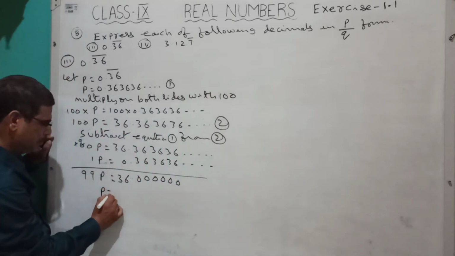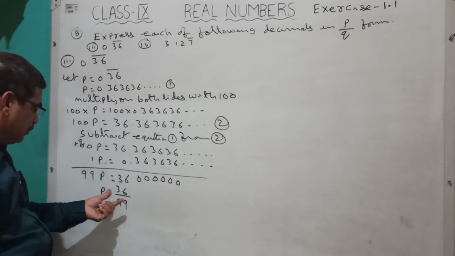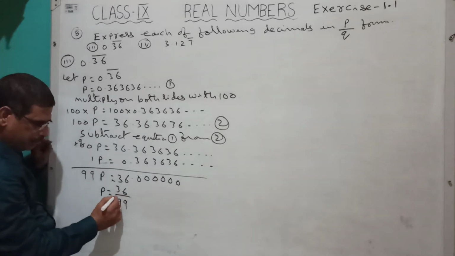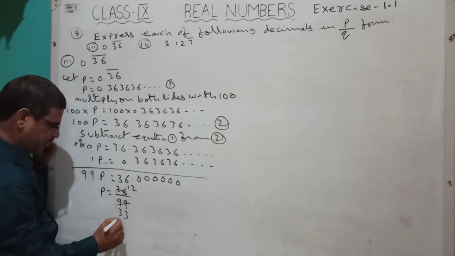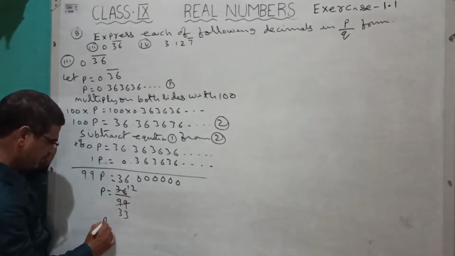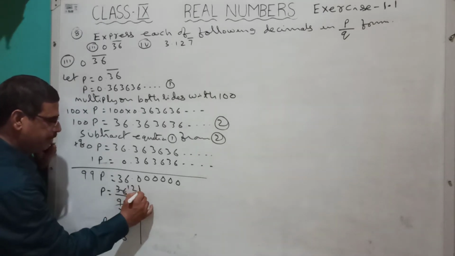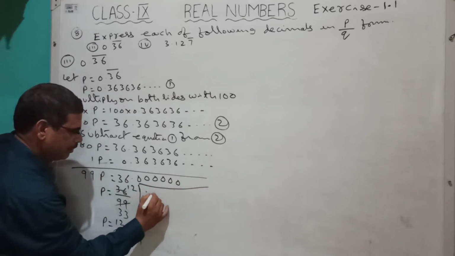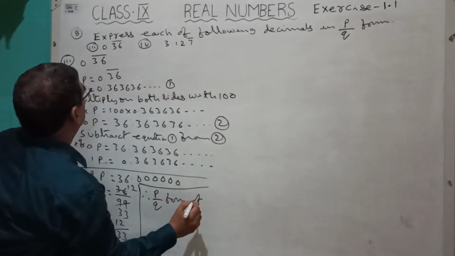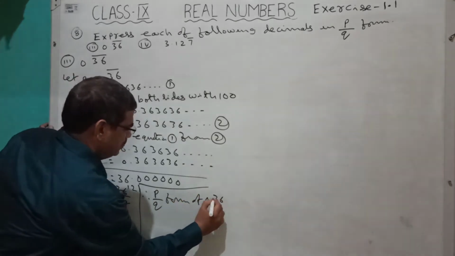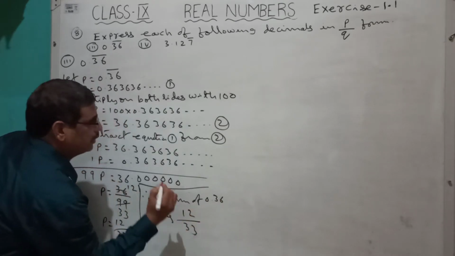So P is equal to 36 by 99. Here the 3 table will go: 3 ones, 3 twos, 3 threes. So P is equal to 12 by 33. Therefore the P by Q form of 0.36 bar is 12 by 33.